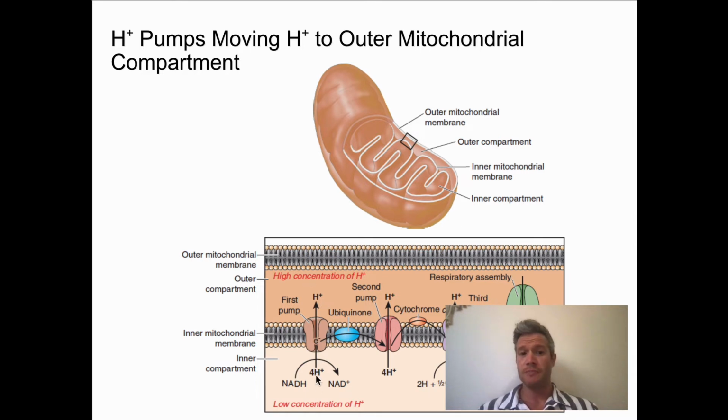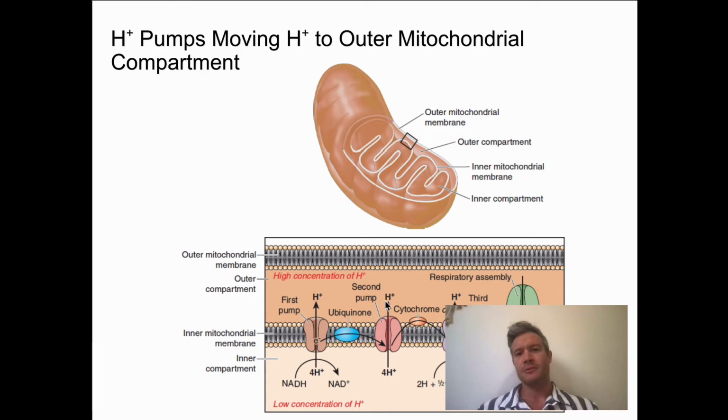So the first pump pumps 4, and again that's collected from, as you can see here, NADH, which then becomes replenished as NAD in order to go get more hydrogen elsewhere, off of, say, the Krebs cycle. So 4 hydrogens go up into this storage area between the outer and inner membrane of the mitochondria.